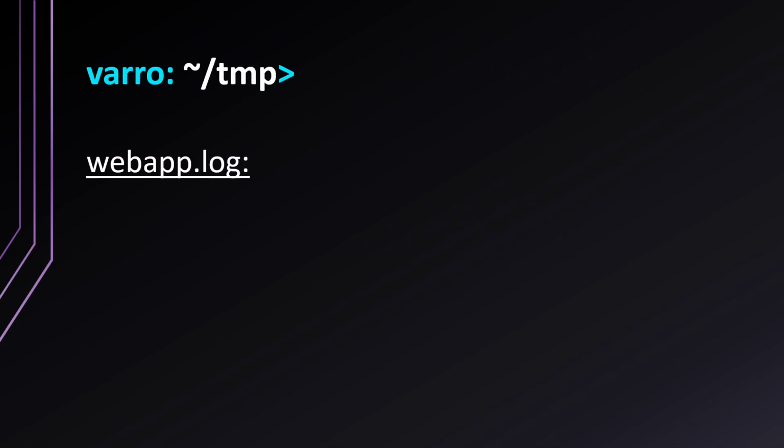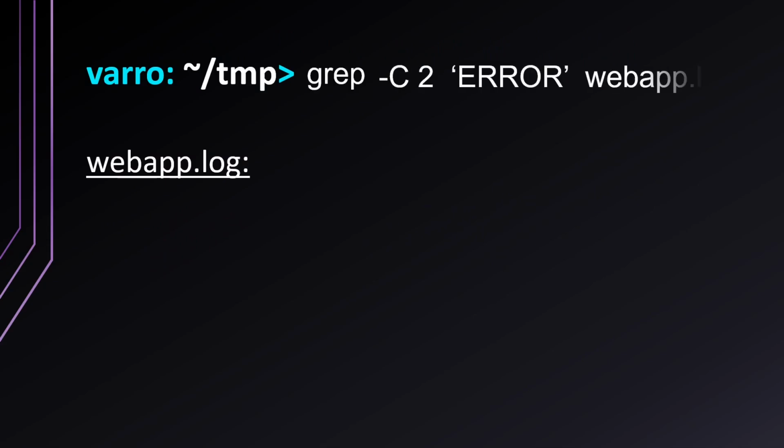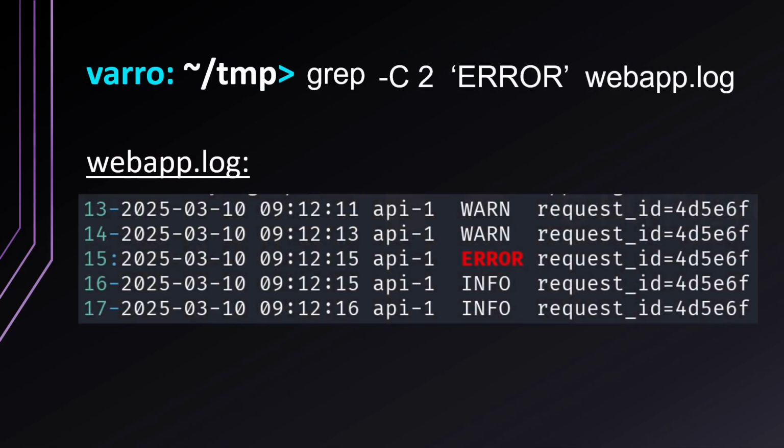Here's how it works. When I type grep -C2 error webapp.log, grep opens the webapp.log file and begins looking for any occurrence of the pattern error. Once it finds an occurrence of the pattern, it will return the line with the pattern match, plus 2 additional lines above and below.